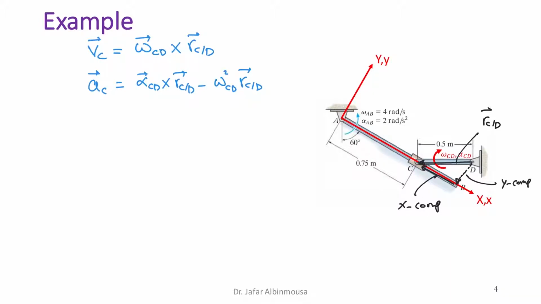Clearly, both of them are negative. Since this angle is 60, then this angle is 30.